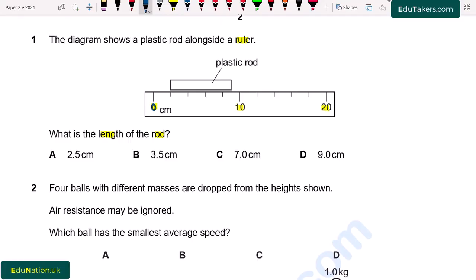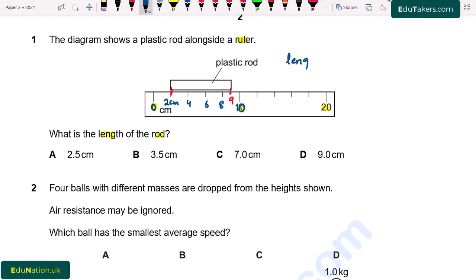First of all, we can see that this is 0 cm and here is 10 cm. There are total 5 lines between them. It means that here is 2 cm, 4, 6 and 8. So the rod is placed where the initial reading is 2 cm while the final reading is between 8 and 10, so there will be 9 cm.